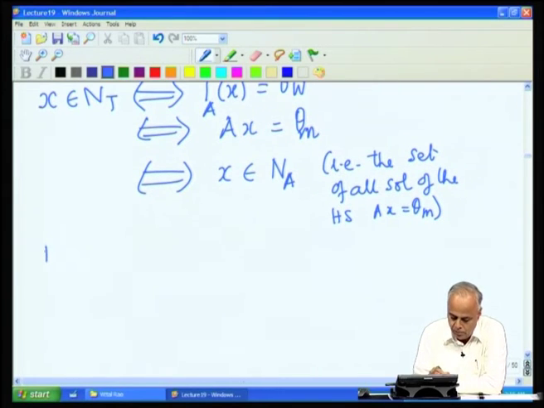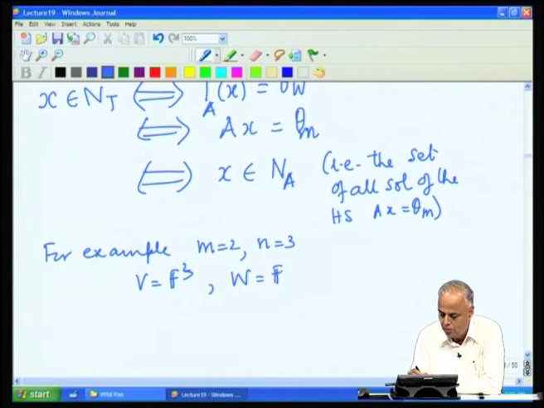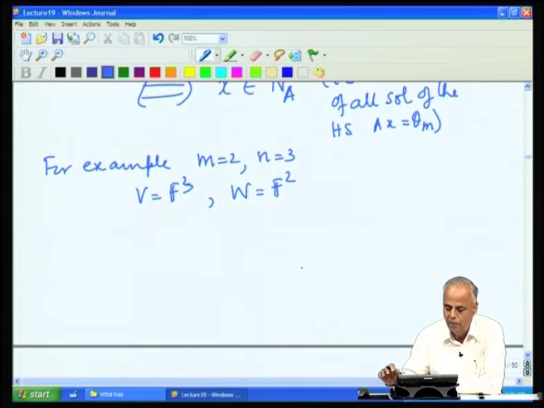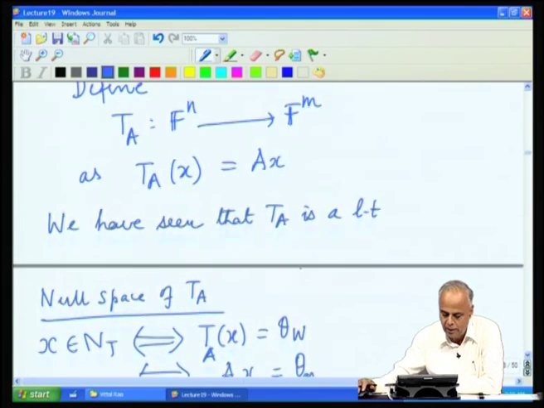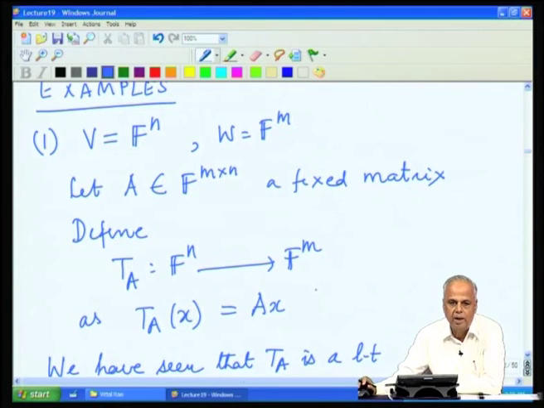For example, if we take m equal to 2, n equal to 3 and consider F^3 to be our V and F^2 to be our W, we have to look for a matrix in F^(m by n).